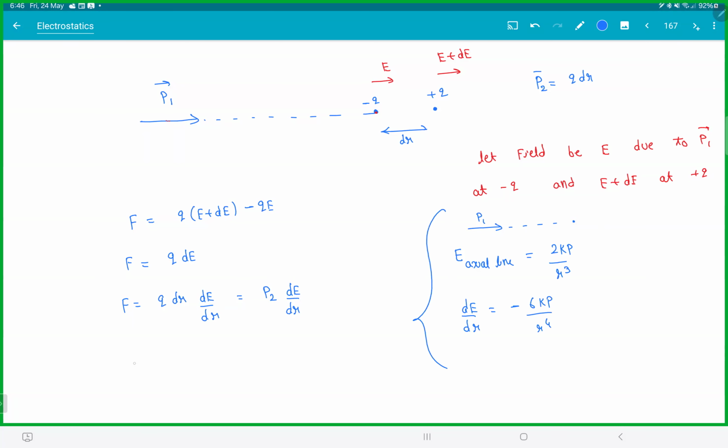Substitute here. The force between them will be minus 6k P1 P2 by r power 4. There. The minus indicates the force is attractive.